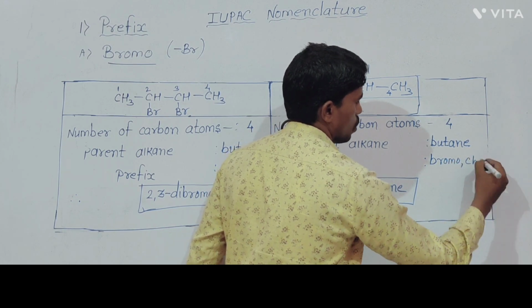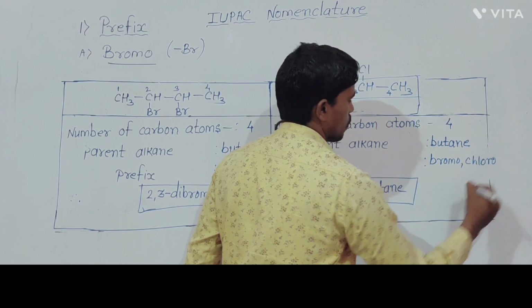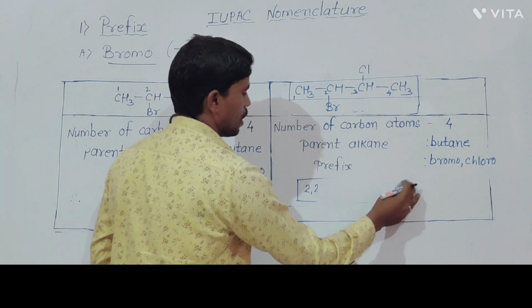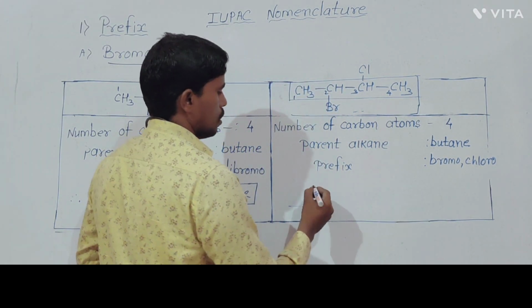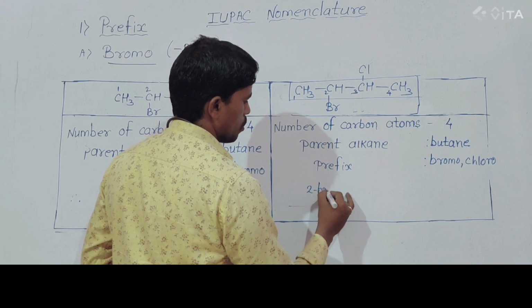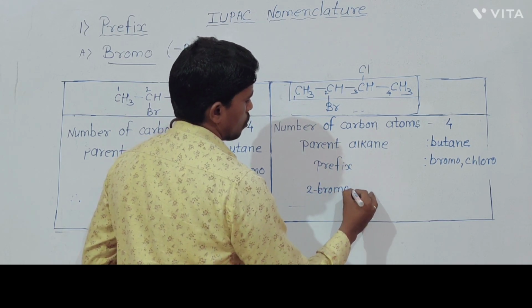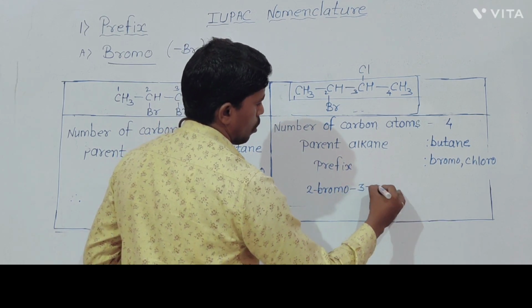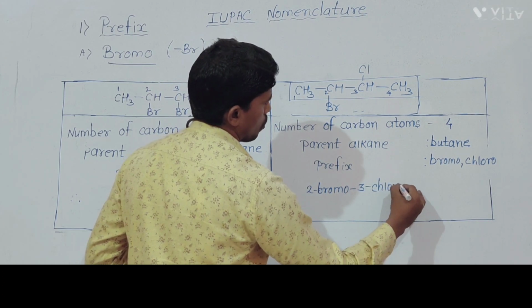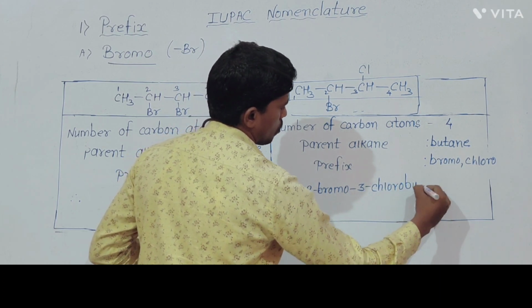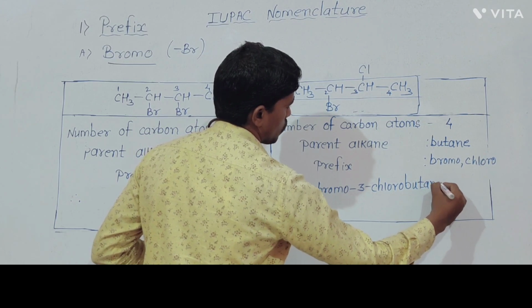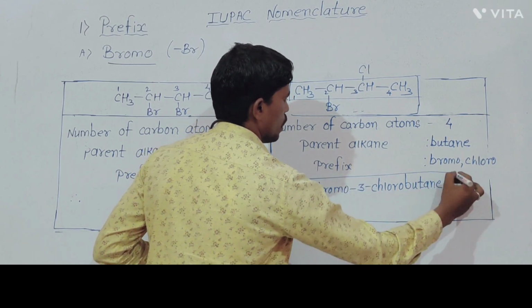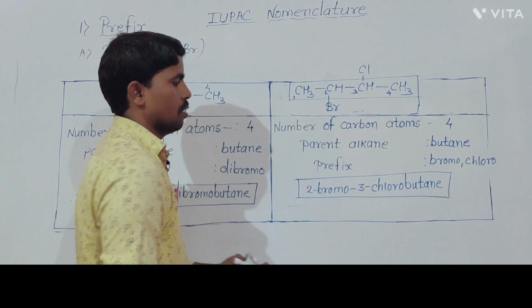We should use bromo and chloro as prefixes, and the name of the given compound becomes 2-bromo-3-chlorobutane.